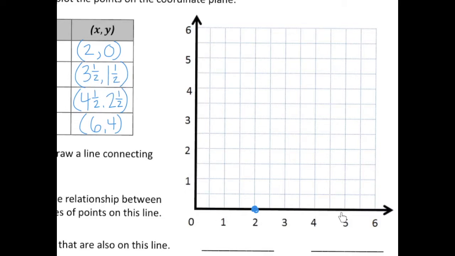So I'm going to go on the x-axis and find 3.5. I don't see 3.5. I see 3 and I see 4, so it must be here. Halfway in between 3 and 4 is 3 and 1/2. So 3.5 on the x-axis, and then I need to find 1.5 on the y. So I'm going to go up to 1, and here's 1.5. So my next point would go right here.